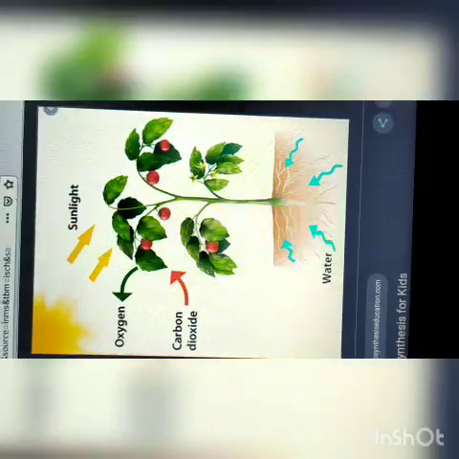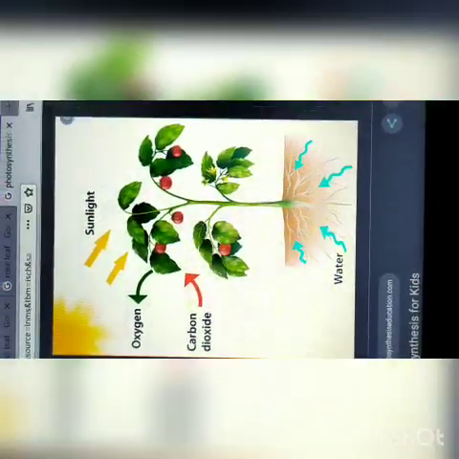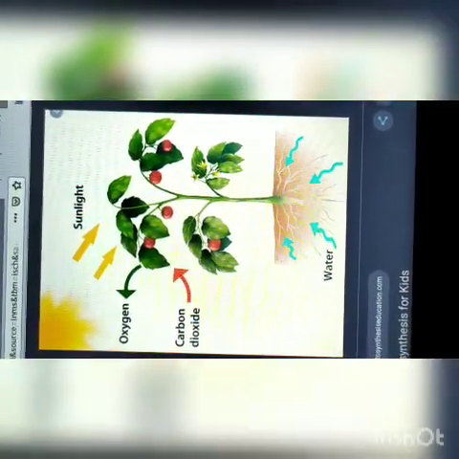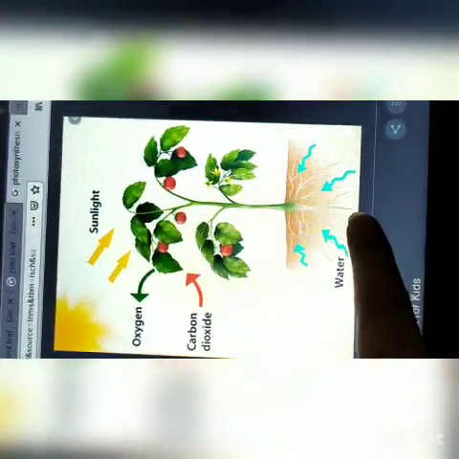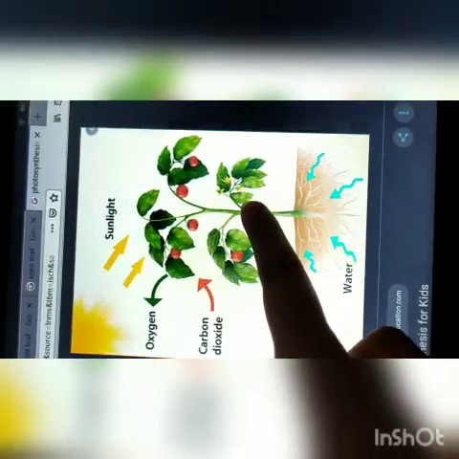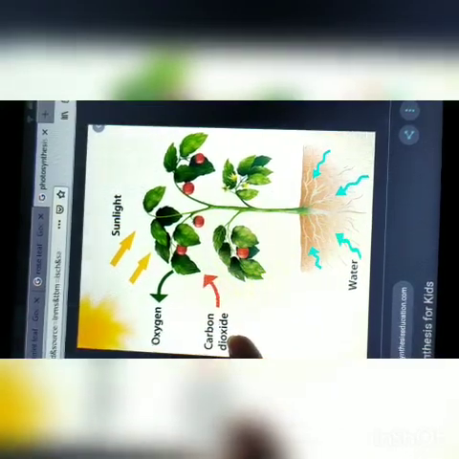Clear? Now, this green chlorophyll helps to make food in the presence of sunlight. Plants take water from the roots through the stem and take carbon dioxide from the air.